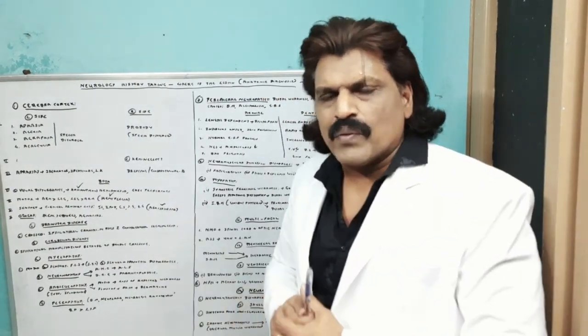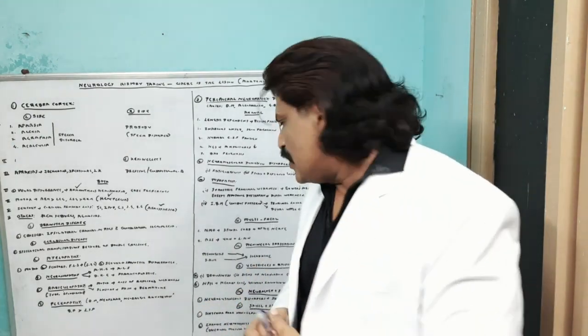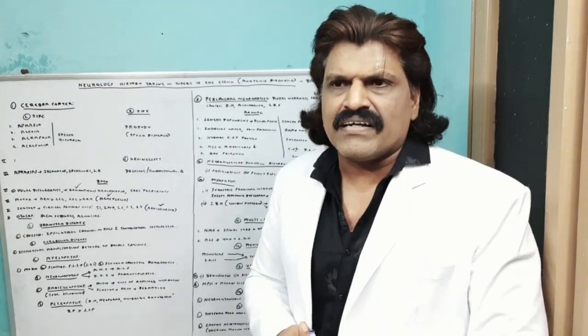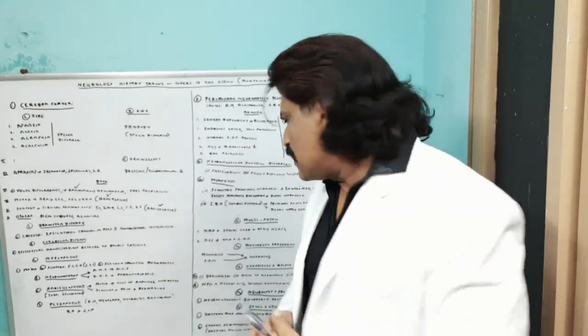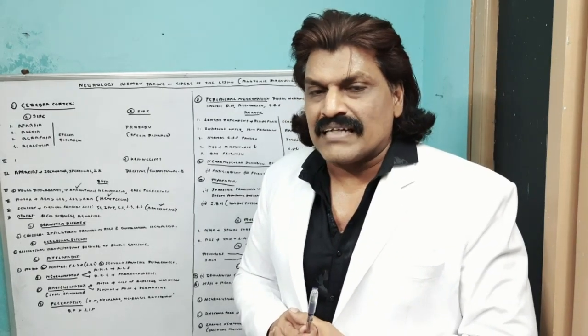I'll tell a few examples of that. It could be in the meninges causing meningeal irritation. It could be in the ventricles causing raised intracranial tension or a normal pressure hydrocephalus. The skin gets commonly involved in neurological disorders. That's why we have neurocutaneous markers.